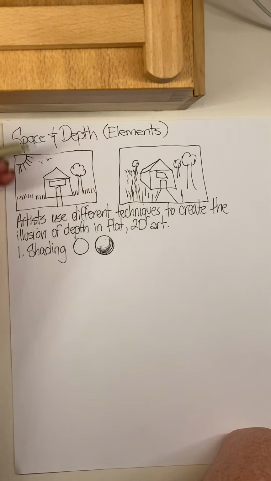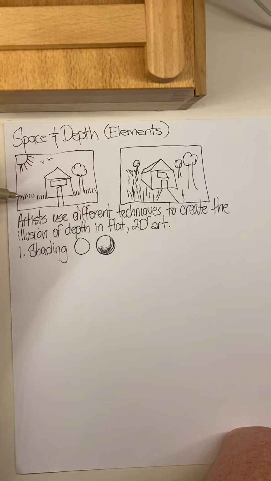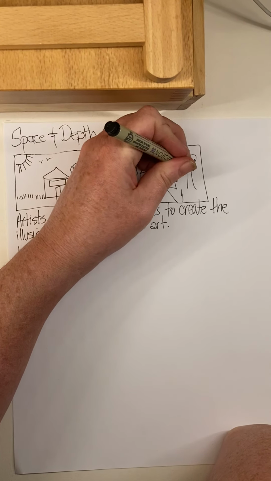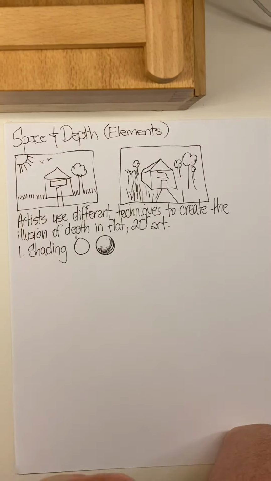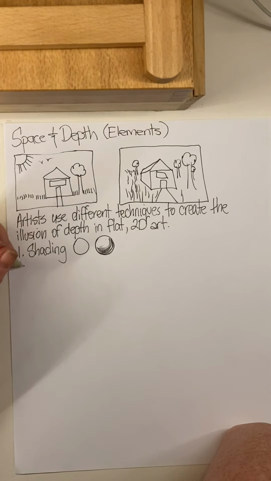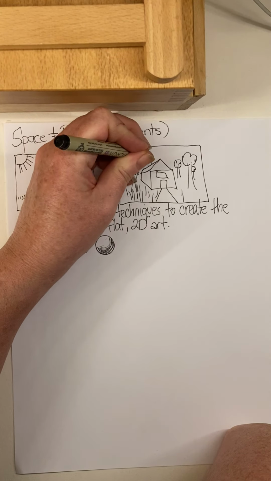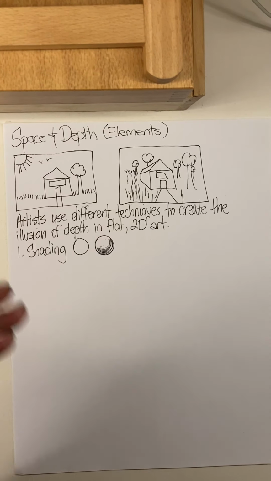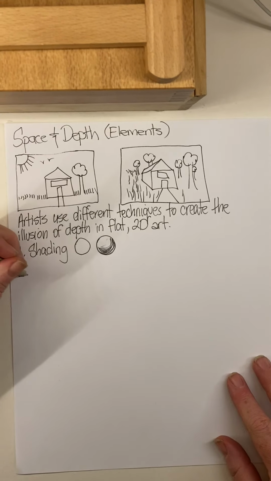All right, what are some other things that I've done in here? So one thing is I'm actually going to do this, and that's overlapping. So even doing something like this, putting the tree behind the house absolutely makes that tree farther away. It has to be because it's behind.